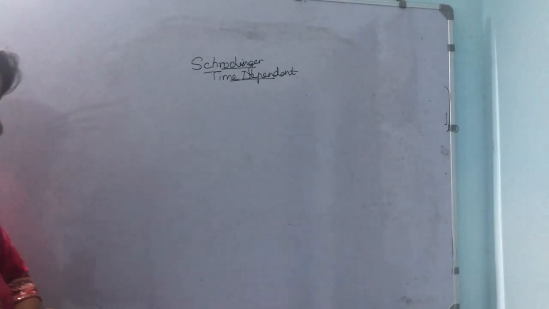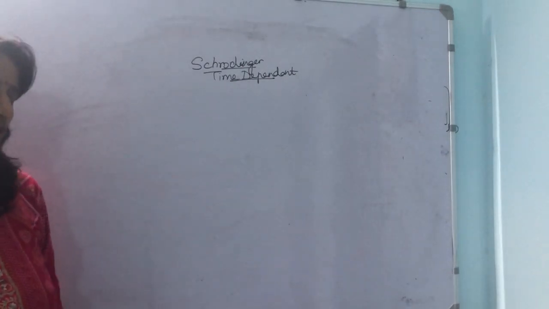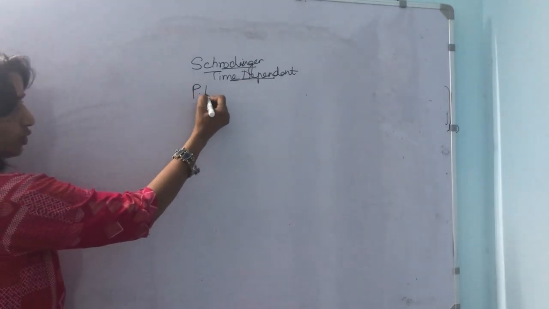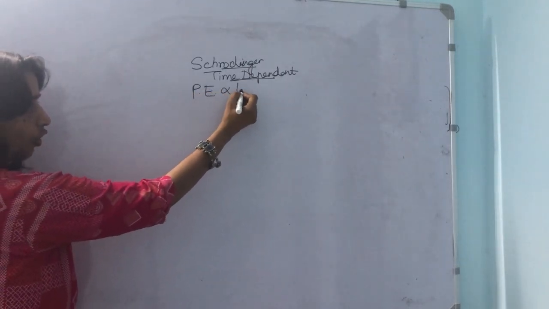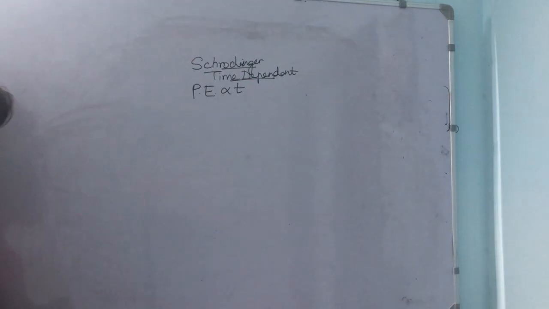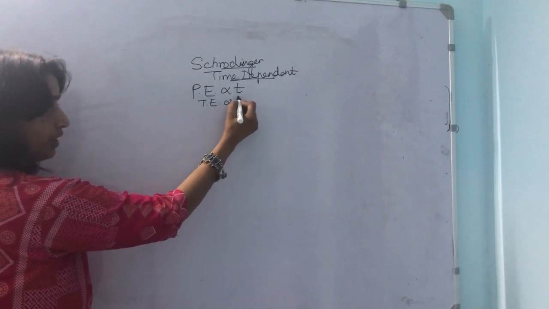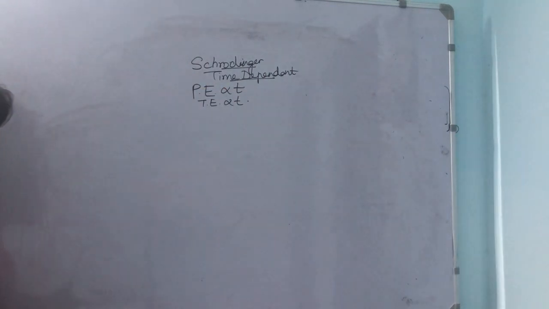In the time independent Schrodinger equation, potential is taken as independent of time. Now, if potential energy is going to depend on time, then the total energy of our system will also depend on time. Then we will need Schrodinger's time dependent wave equation.